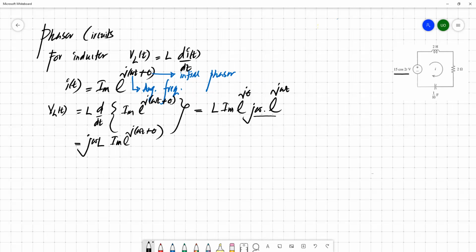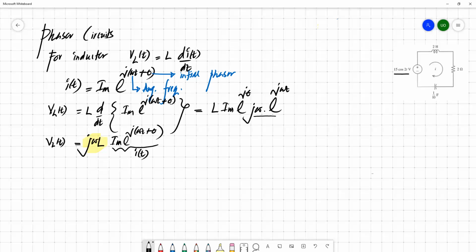Okay, so this is the current flowing through the inductor, Im e to the power j(omega t plus theta). So what about this component? This equals the voltage induced across the inductor, vL.